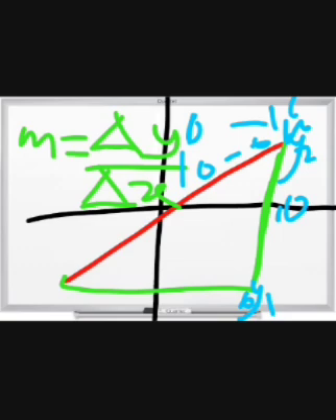Then on the x-axis, this will be x1. Do you agree? And this will be x2. I hope you agree with that. Here is x2 and here is x1. I believe you agree with me. Let me use a different color to indicate that for you quickly.